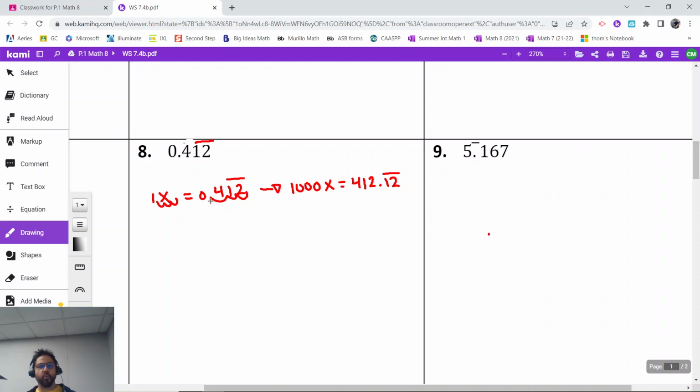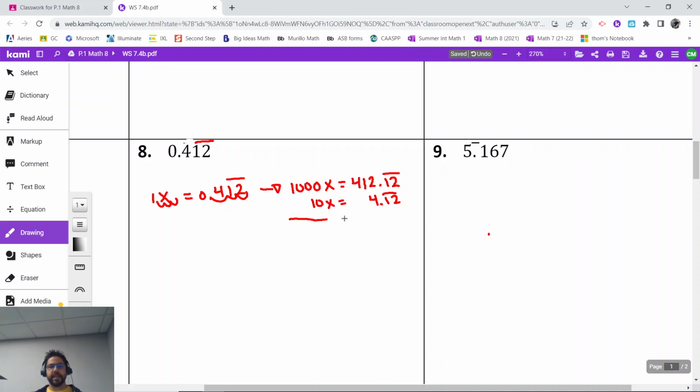But if I move it one place, which would be represented as a 10x, then I would have one placement moving, which would be a 4.12 repeating. Sometimes you might have to move it twice, but on this one, we just move it once.